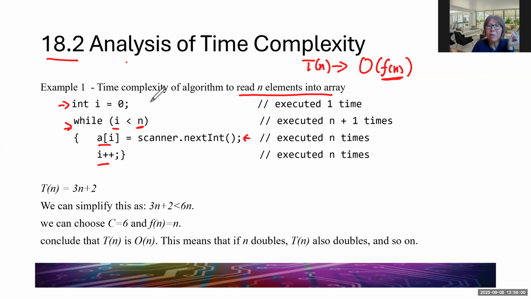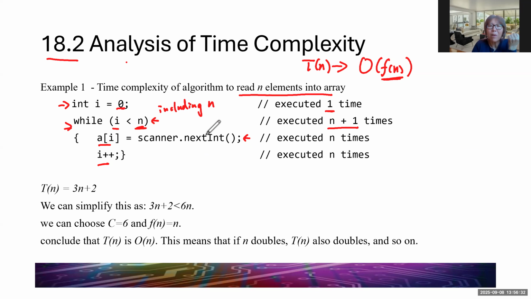When this algorithm is running, you can clearly see that this first statement will be run just once. And how many times will this while loop statement be run? Because it starts at 0 all the way to n, including n, it's going to be executed n plus 1 times.